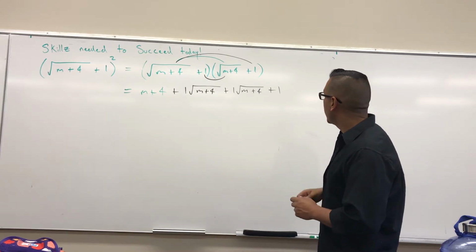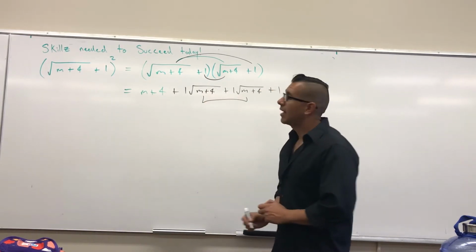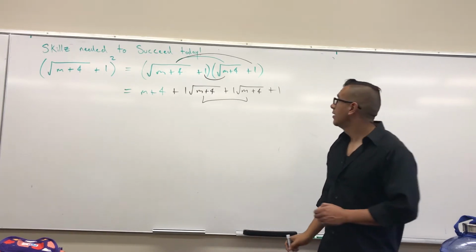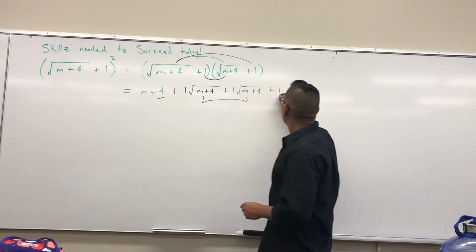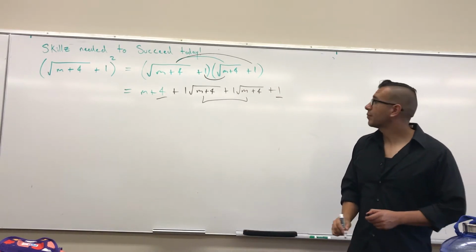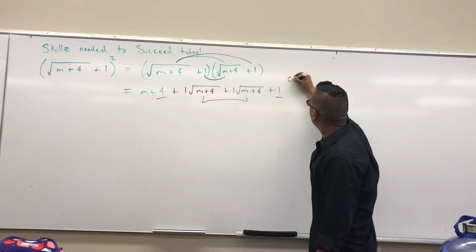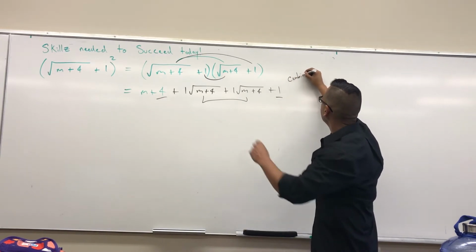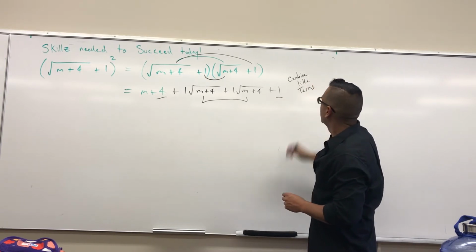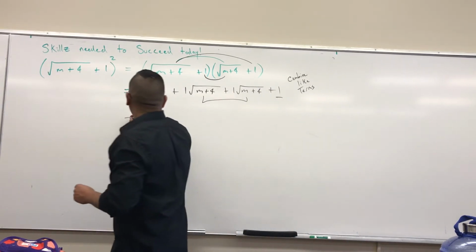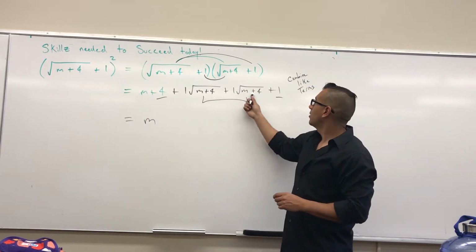So if I examine things, take a look. I have like terms right there. And then I could also combine this 4 with that 1. So let's rewrite this and combine like terms. So we end up with n. How many square roots of n plus 4s do we have?